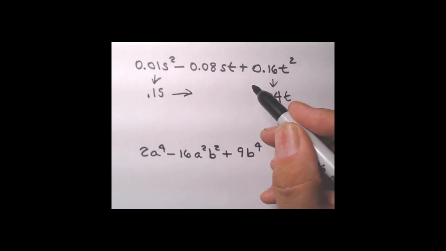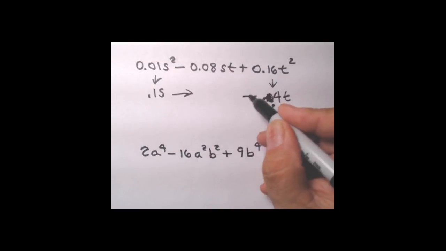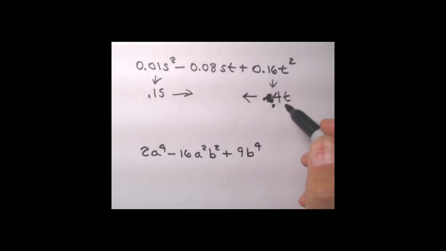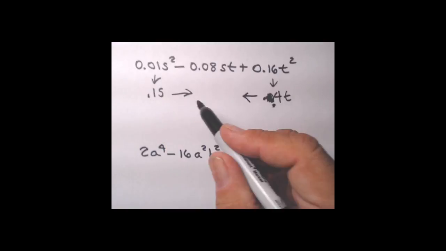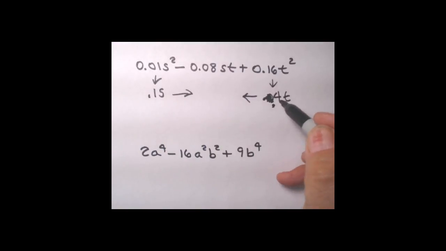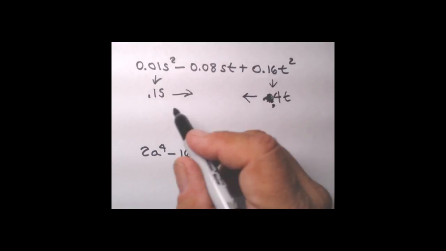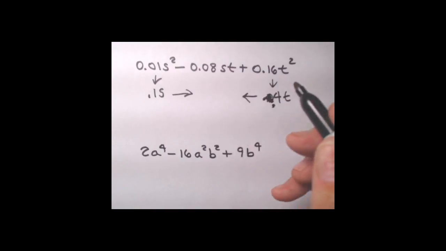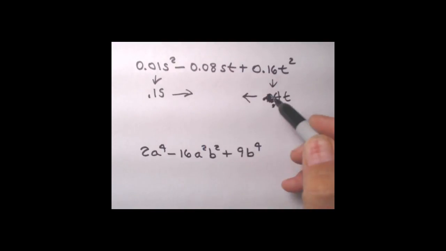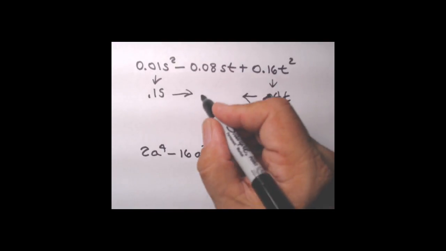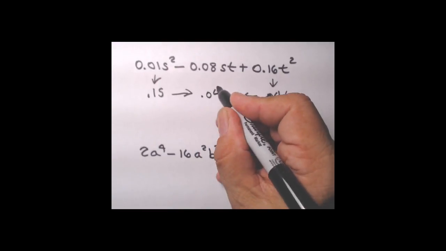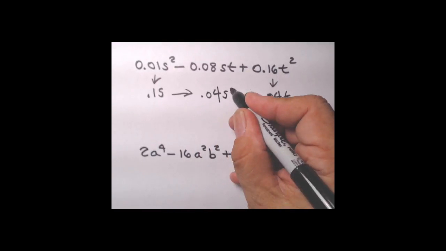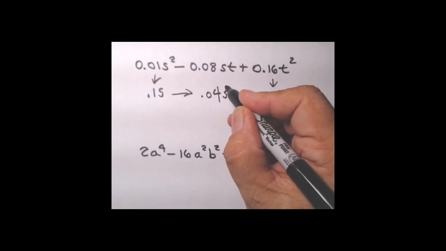Multiply these two guys together here and compare it to the center term up above. 0.1 times 0.4. Well, that's going to give me a 4, I should say. 1 times 4 is 4. So I'd have 0.04, and then, of course, s times t. I think we're in business.